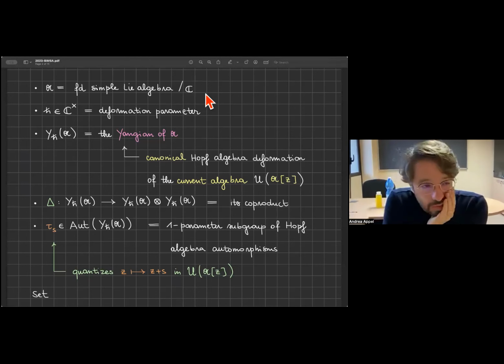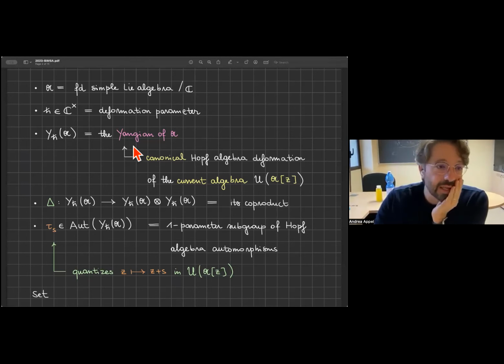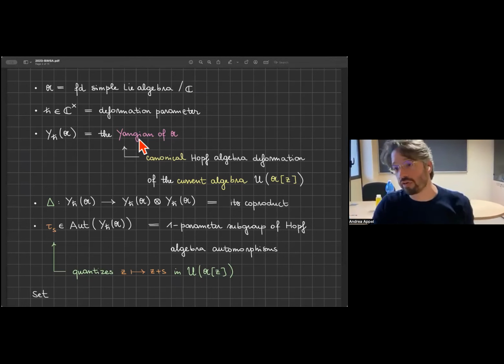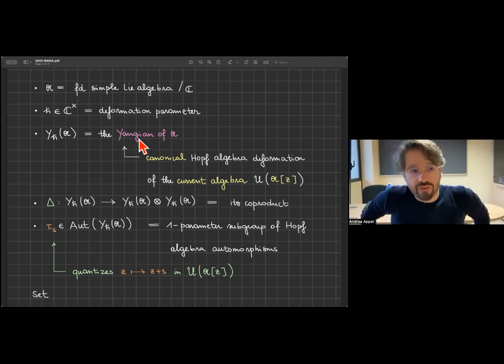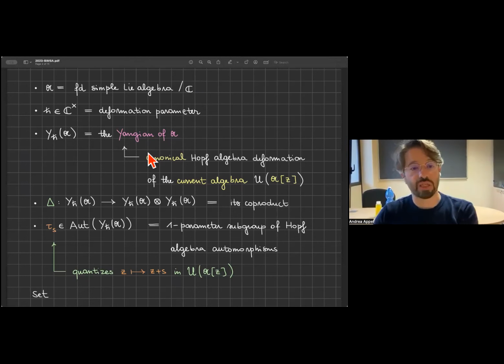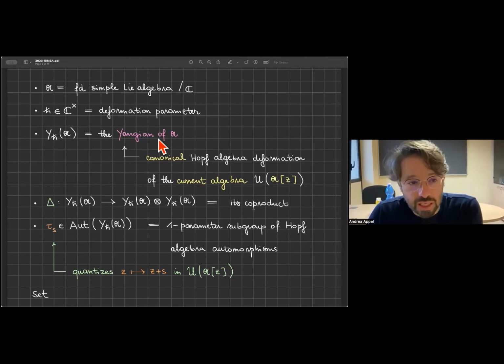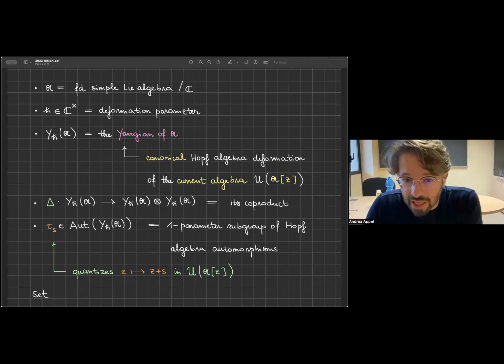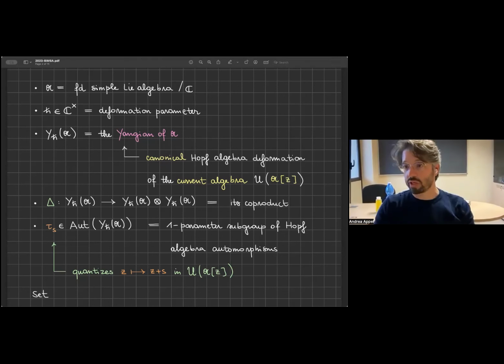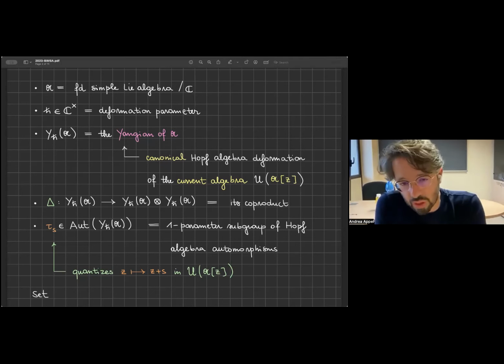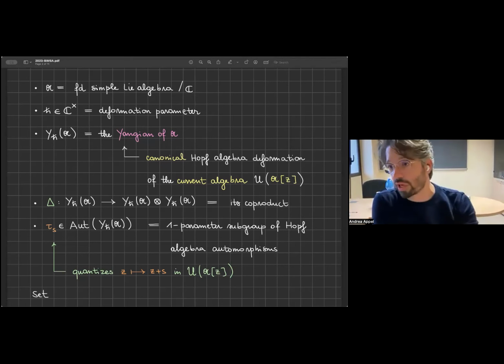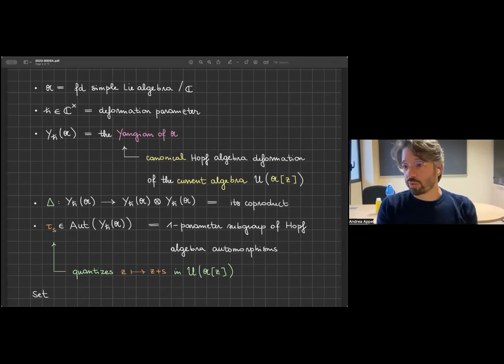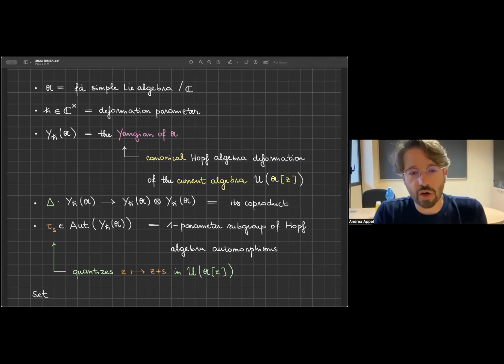So we fix this deformation parameter h bar, and then the Yangian of a is what? We start again with a finite dimensional simple Lie algebra, and Drinfeld proved that if I consider the current algebra a[z], polynomial functions with values in a, with the standard Lie algebra structure, and then consider the enveloping algebra of this very big Lie algebra, then of course the enveloping algebra is a Hopf algebra, and this Hopf algebra has a canonical deformation.